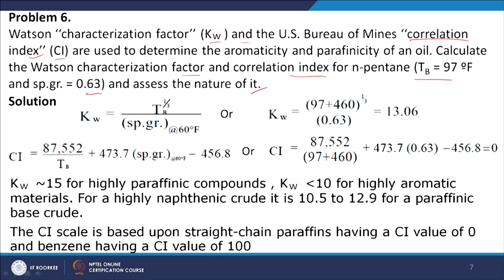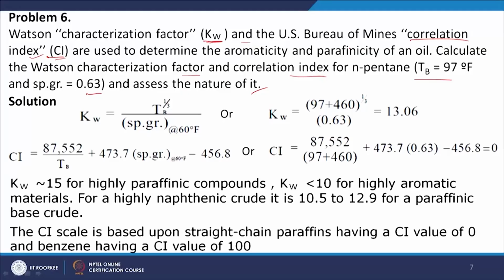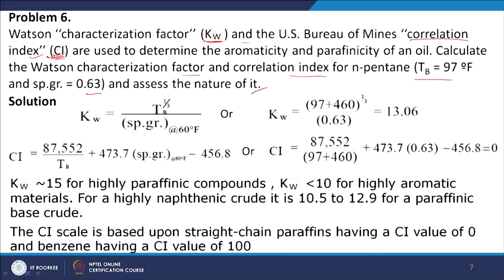Okay. So, to solve this problem, we have to determine the Kw value and the CI value, and we have to compare these values with the standard or literature values, and then we will predict what type of compound it is. Now, we will see what Kw and CI are. Kw is the characterization factor developed by UOP, and CI is the correlation index developed by the US Bureau of Mines.